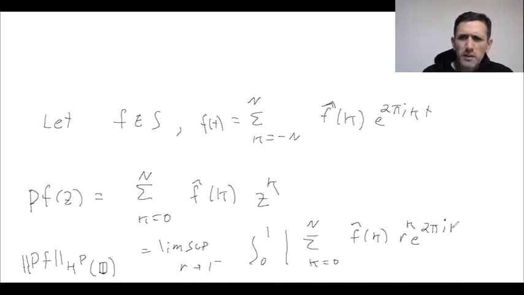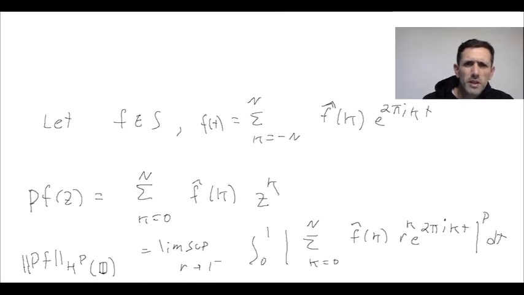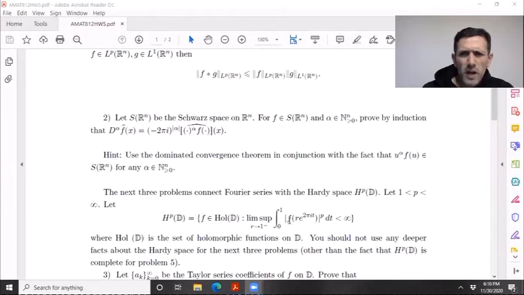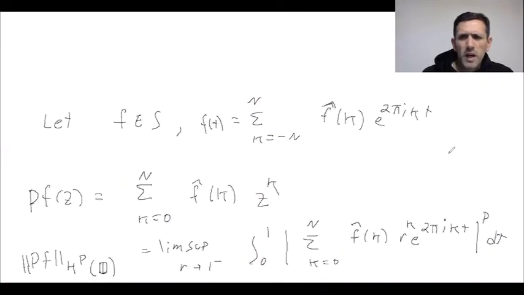Right, the definition: whatever f is, you plug in r e to the 2 pi i t, integrate the modulus raised to the p, take the lim sup. So I'm just plugging in r e to the 2 pi i t for z.